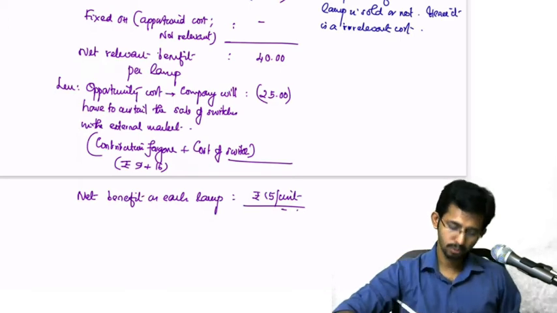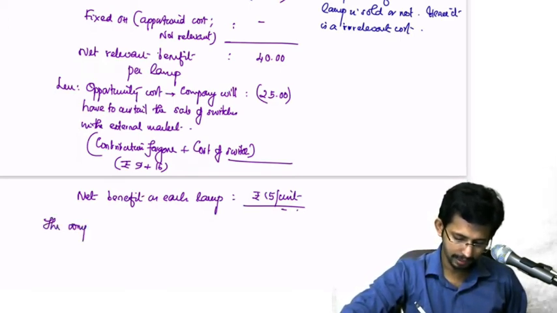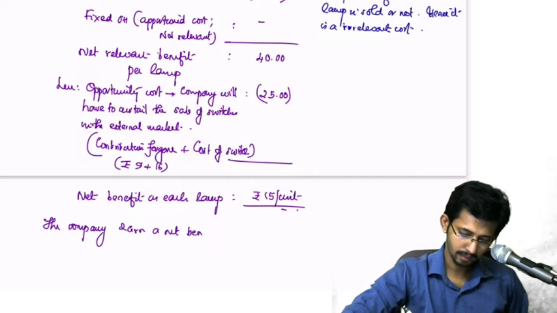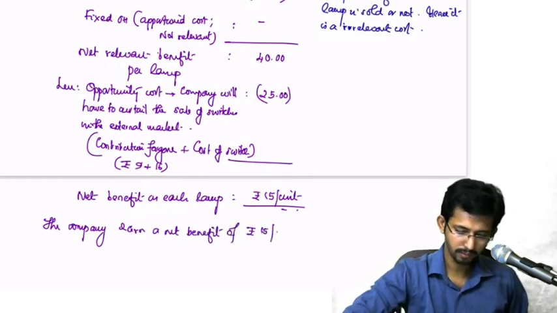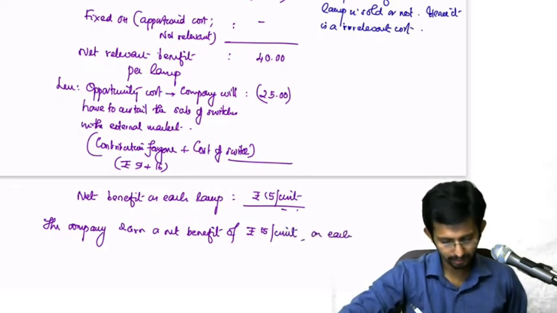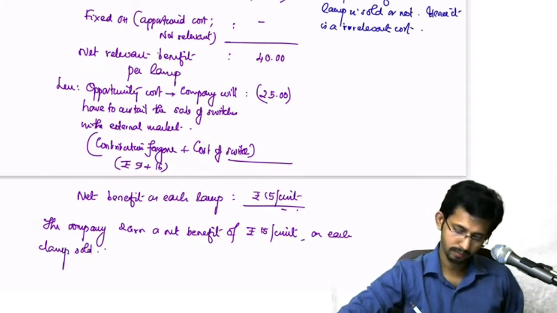Okay, so what is the conclusion? Conclusion is the company earns a net benefit of rupees 15 per unit on each lamp sold.